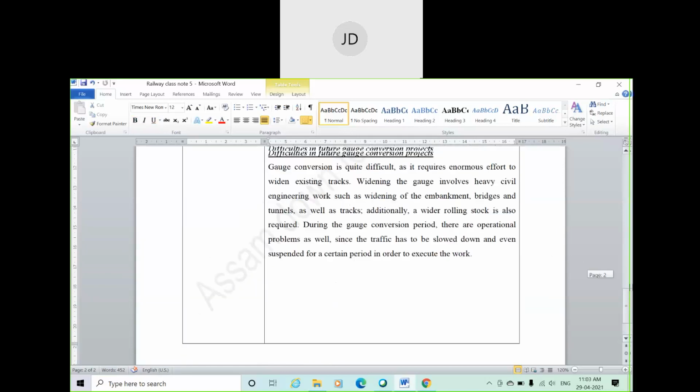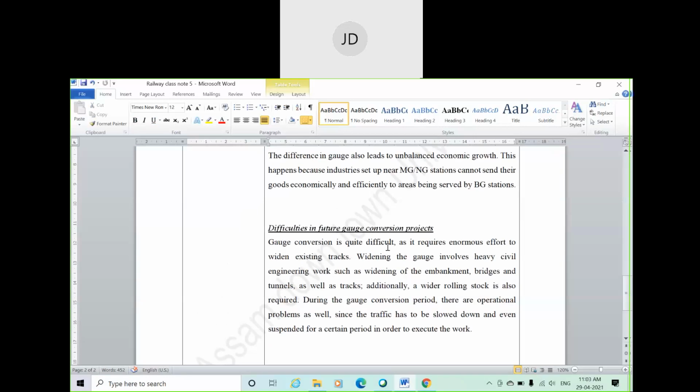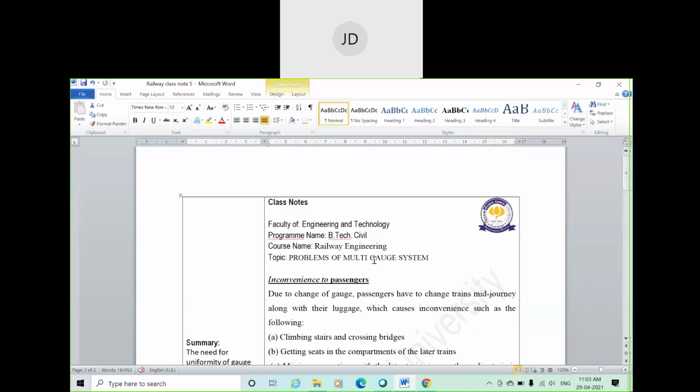And finally, the future gauge conversion project may be difficult. The alteration of gauges practically is very tedious work, time consuming, and also expensive. You may also have to slow down your train or suspend it for a period of executing the work. So these are the difficulties faced by a country because of the multi-gauge system.